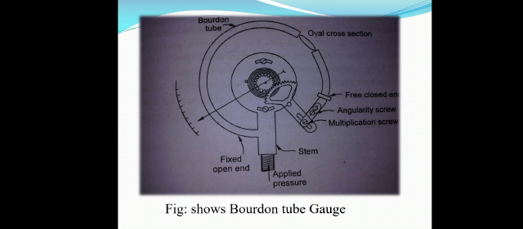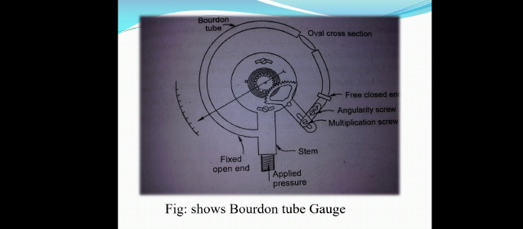The angularity screw and multiplication screw also deflect, and they are connected to the sector, which has teeth. So the linear movement is converted into angular movement.